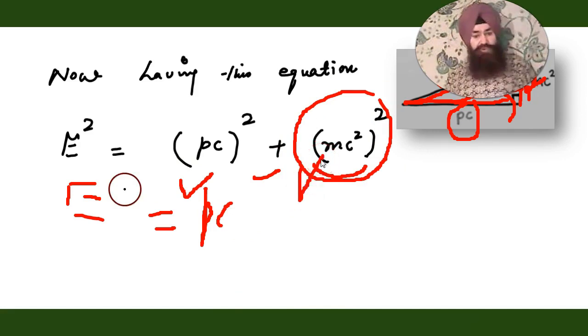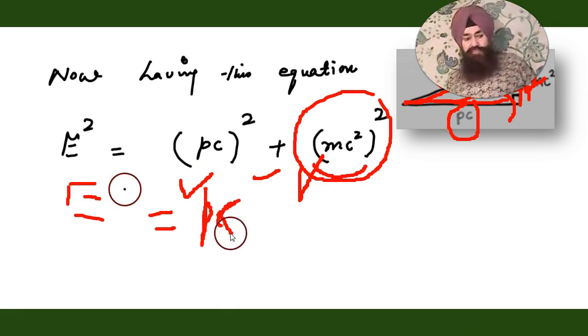So that's the case of the photon. A photon does not have any mass, so the energy of the photon is Pc. P is the momentum of the photon. The photon has momentum. And what is the momentum of the photon? It is energy divided by the constant, which is the velocity of light.